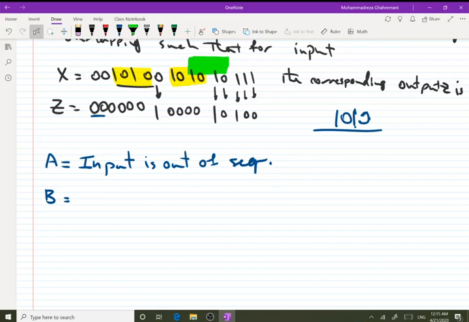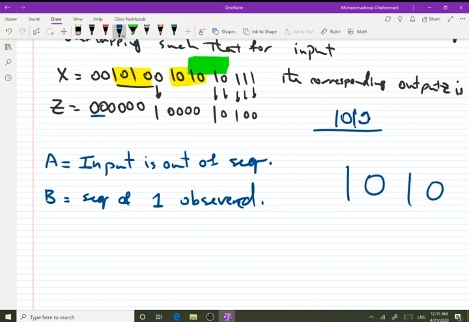So we say state B is a state where a sequence of 1 is observed. As soon as the circuit recognizes 1, it moves to state B, because if we look at this sequence, the first digit we're looking for is 1.